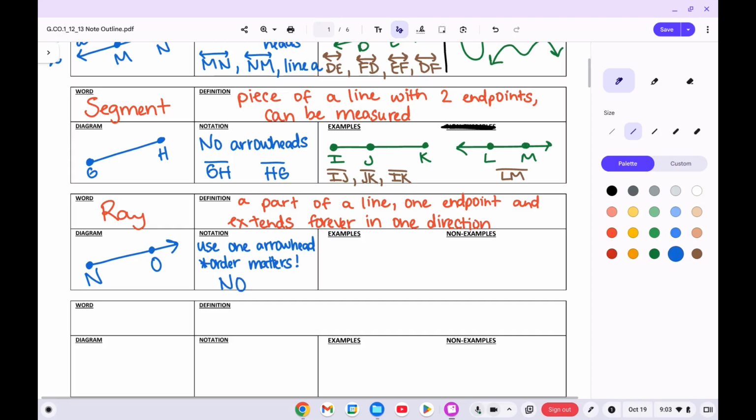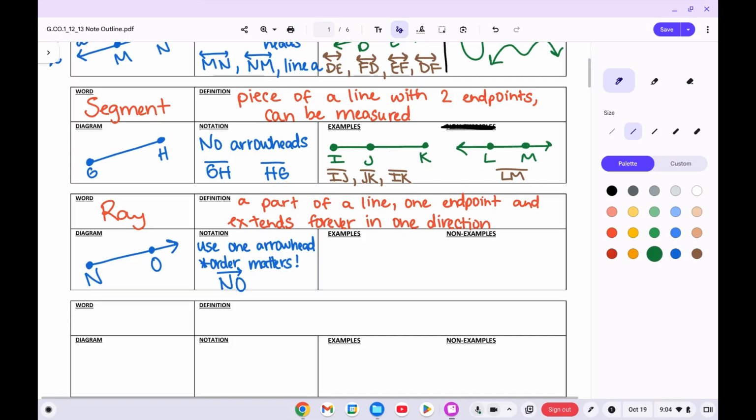Now, when you use your notation, it looks kind of like a line, but it only has an arrowhead in the one direction, going off to the right there. You could not call this ray ON because the ray is not going in that direction. You have to follow the direction of the ray when you're naming it.